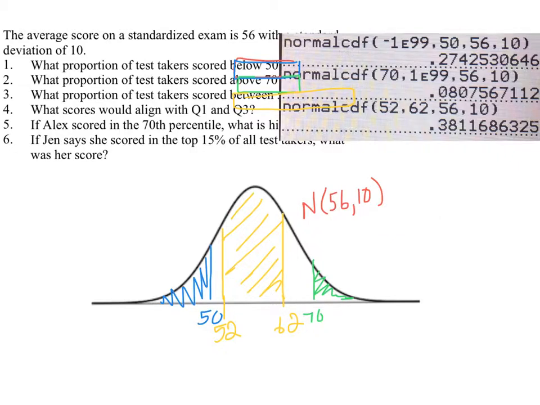For that first question, number 1, we were doing the 50, so I did from a large negative number up to 50, mean and standard deviation. There's the proportion. Then 70 and above, mean and standard deviation, there's the proportion, and between 52 and 62. So it's always lower bound, upper bound, mean, standard deviation. Let's look at the last 3 questions of this example on the next slide.